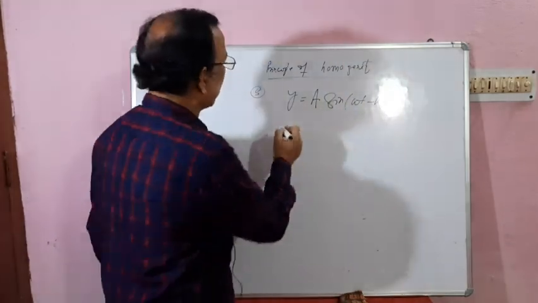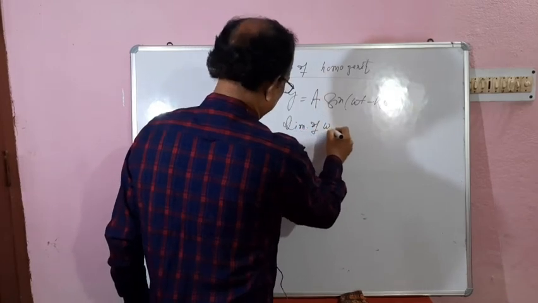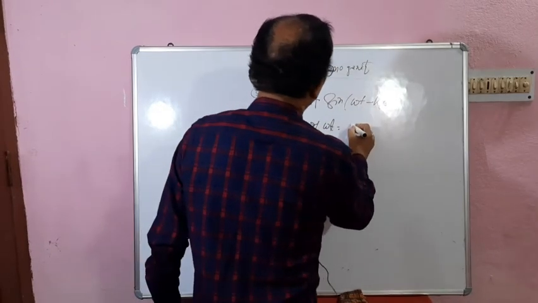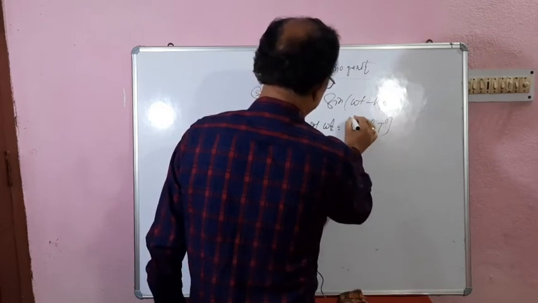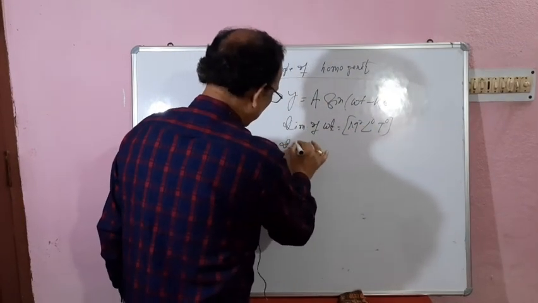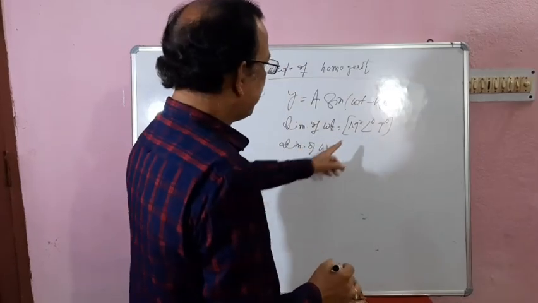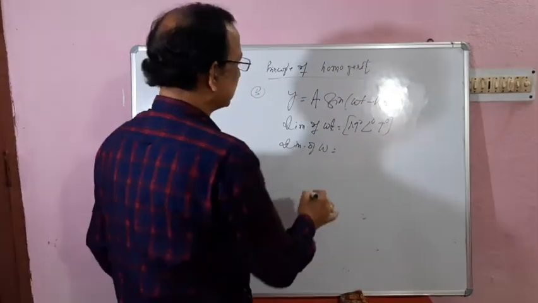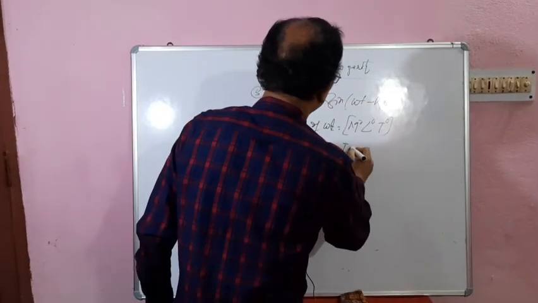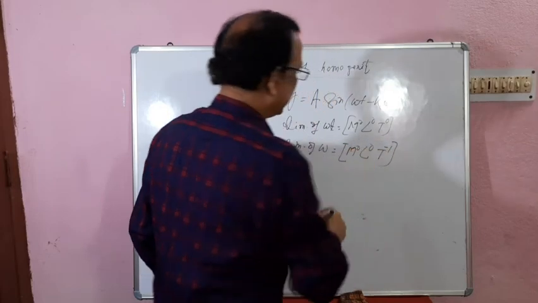So dimension of omega t is equal to m0 L0 t0. Dimension of omega is m0 L0 t0 by t, means m0 L0 t minus 1.